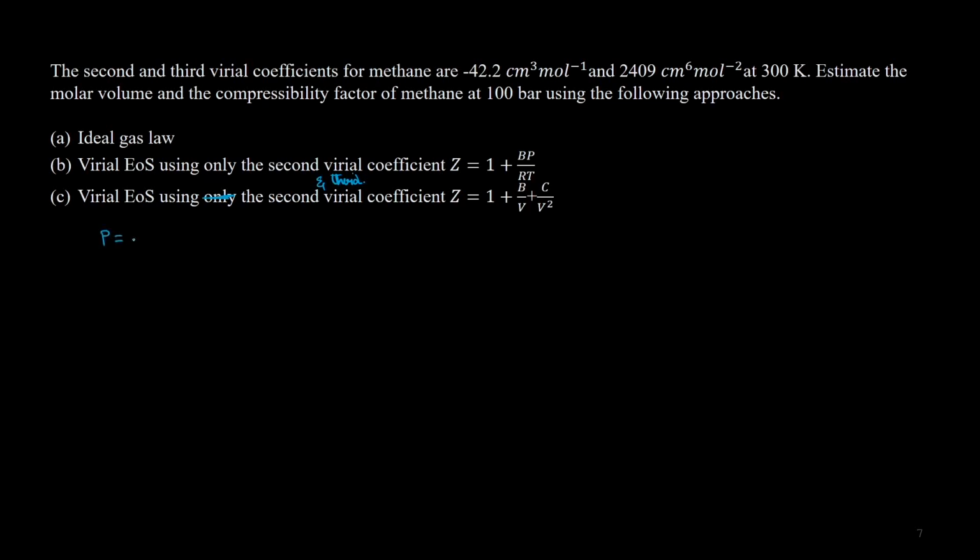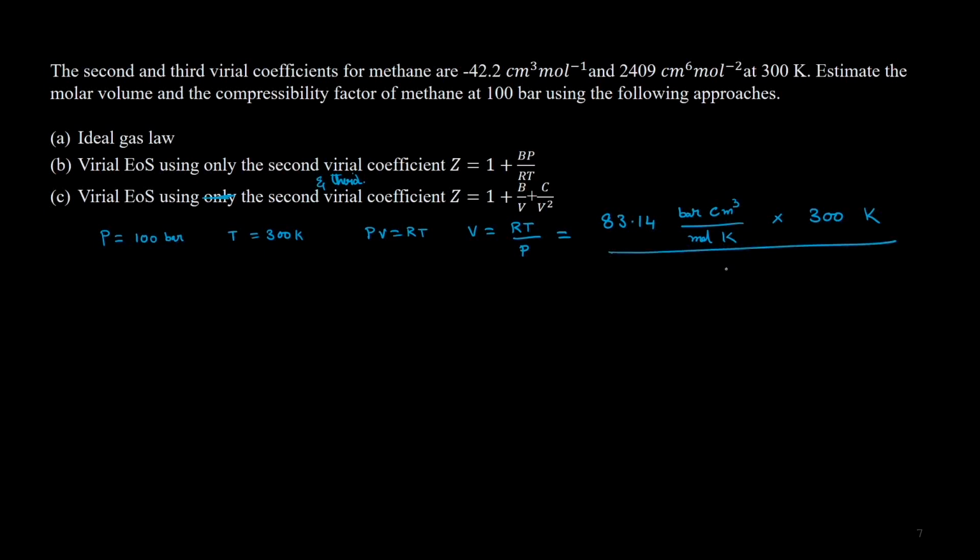So let's see if I can estimate the molar volumes and compressibility factors for methane in this scenario. I'm given the pressure, it is 100 bar, and the temperature is 300 Kelvin. If it is an ideal gas, then PV is RT, or the molar volume V is going to be equal to RT over P. And recall that R is 83.14 bar cm³ per mole Kelvin, times 300 Kelvin over the pressure of 100 bar.